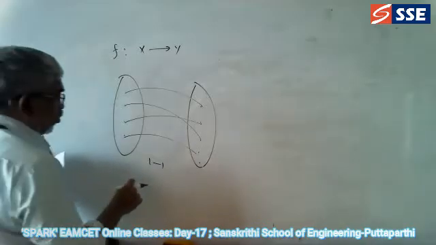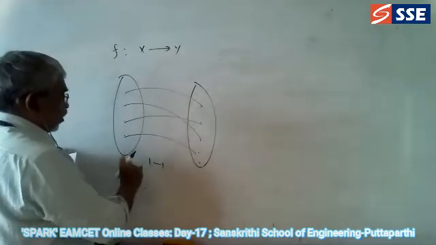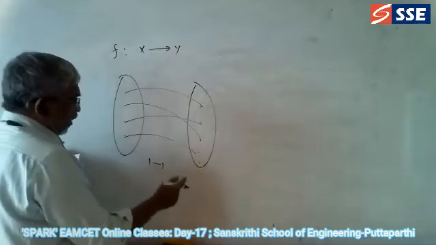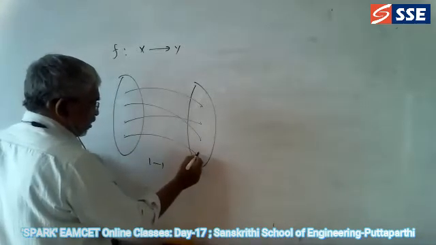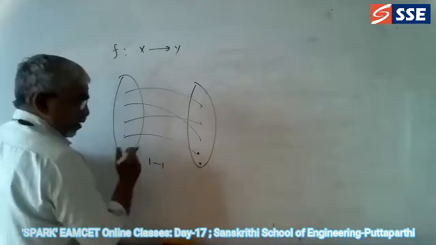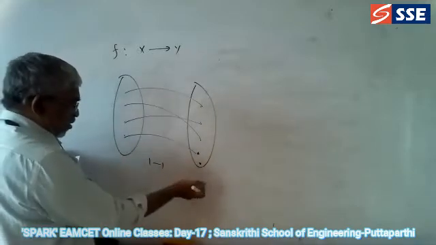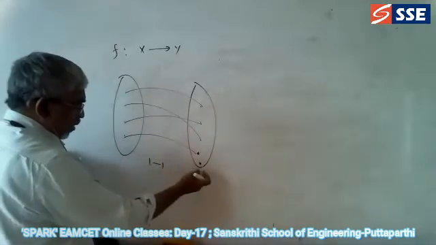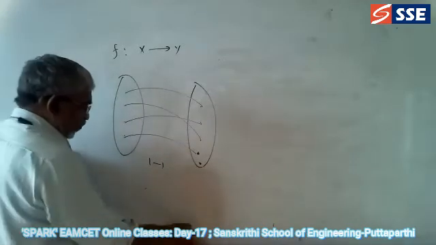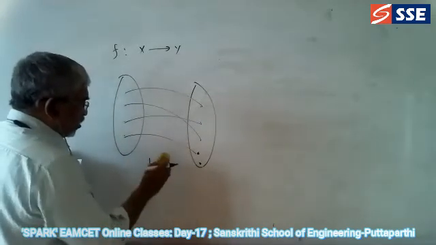Two elements will not go to one. That is the only condition here. And some elements in y may not have a pre-image, and it is still accepted as one-to-one. This is the image, this is the pre-image.